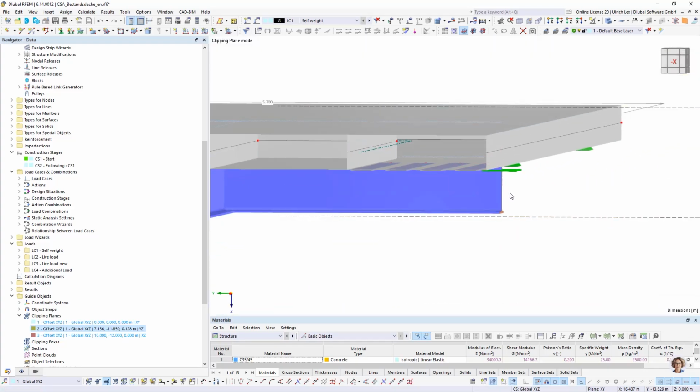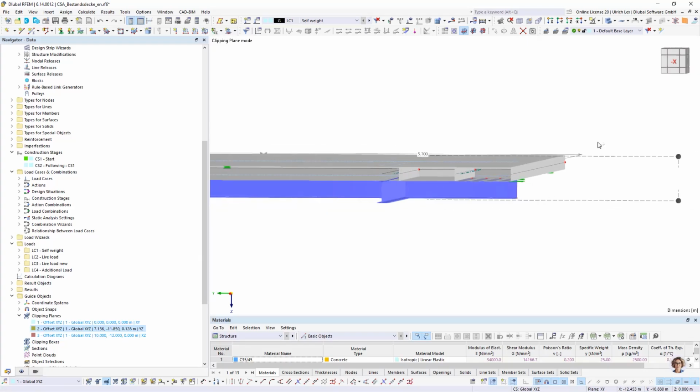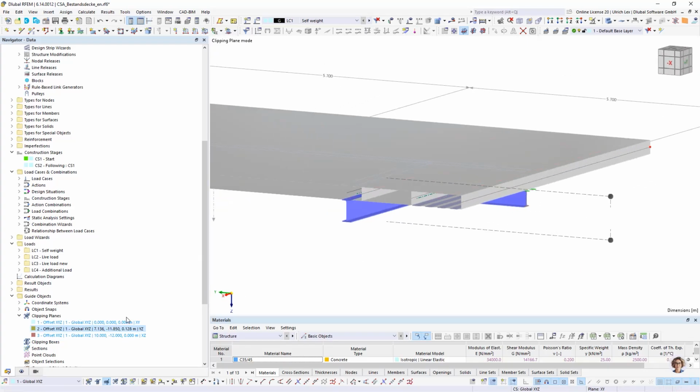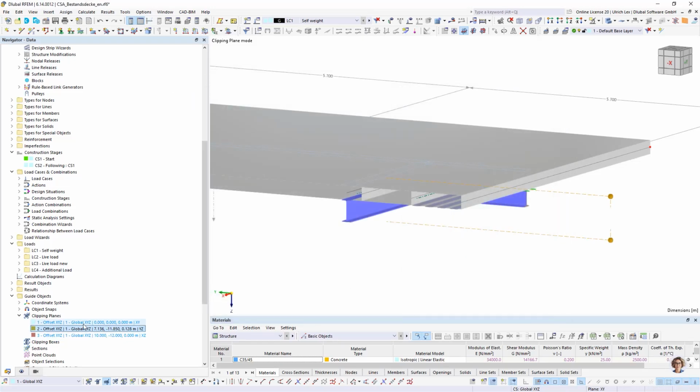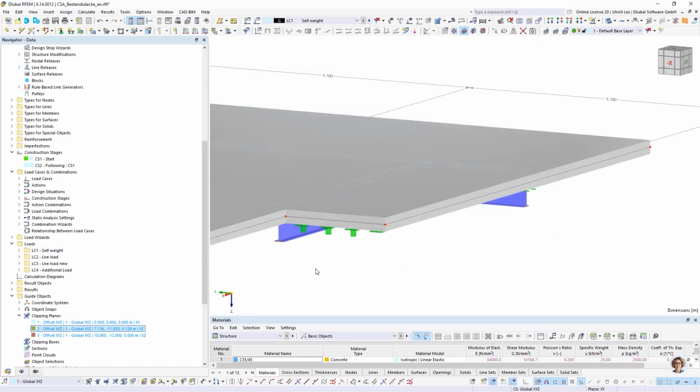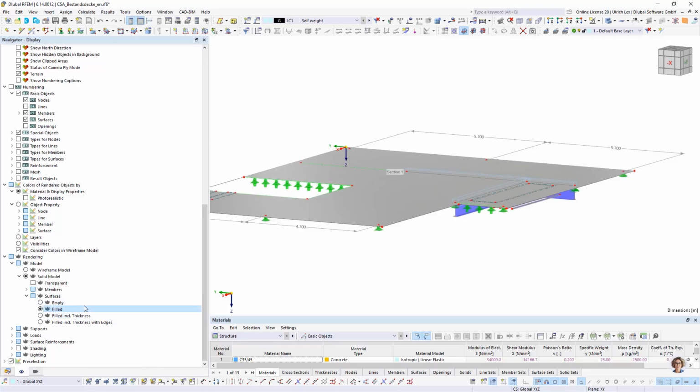So what is happening now? When I add this rebar, then we can take off, and here it's filled.